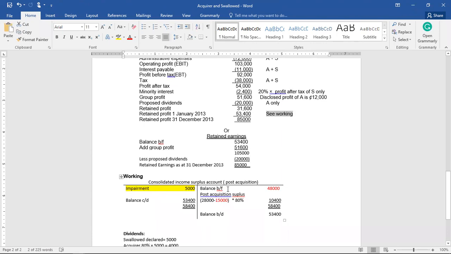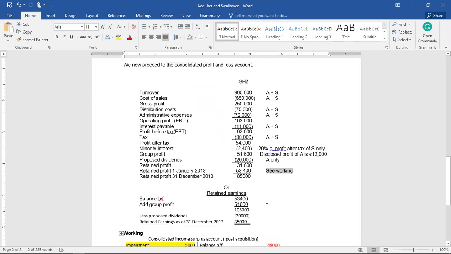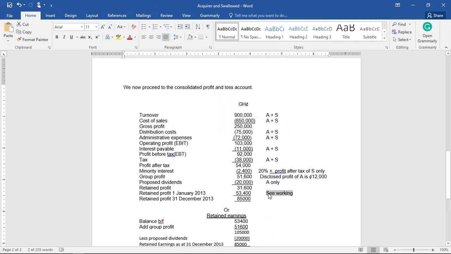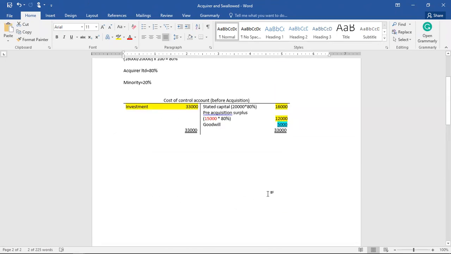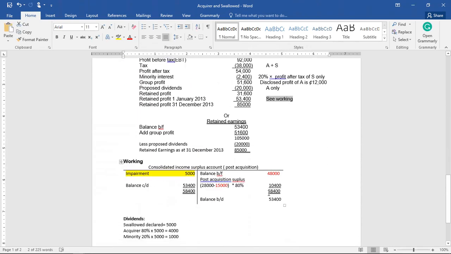So my balance brought forward is 48,000, and that is from this particular side. When you go to the income surplus account, the retained earnings brought forward of the parent is 48,000.